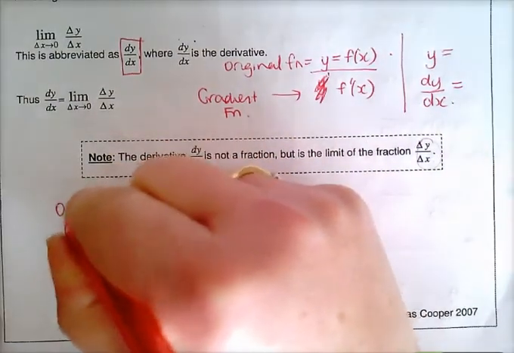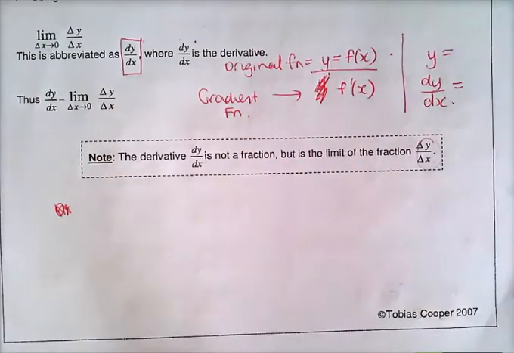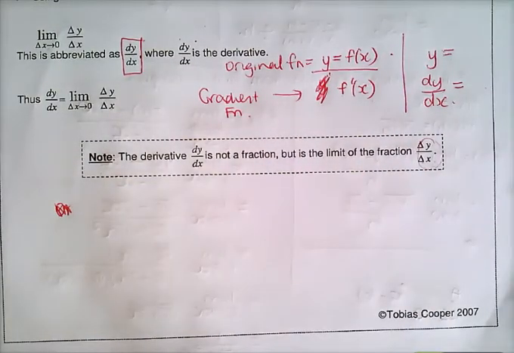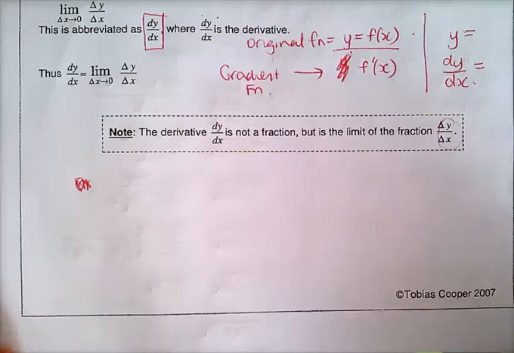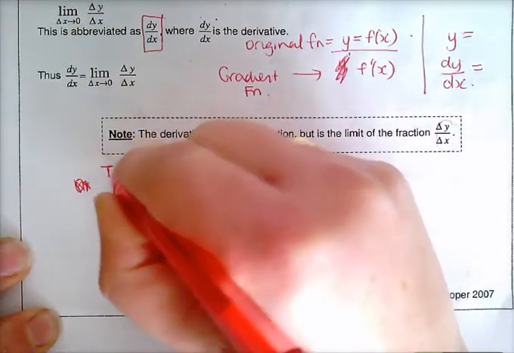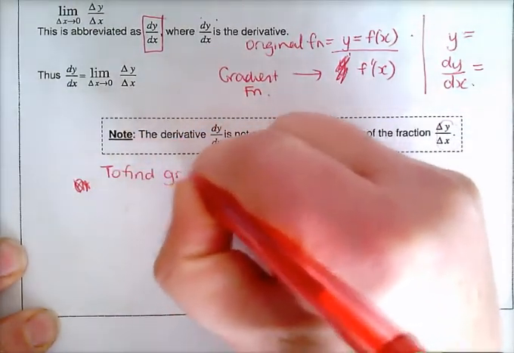So just writing it all down again. Actually, no, I won't write it all down again. I'll discuss it in class with you, and I'll just set some homework now. What I'll do down here is to find the gradient function, just a little summary.